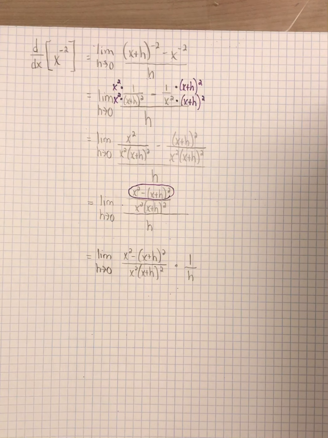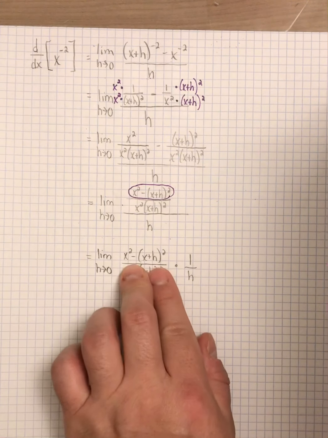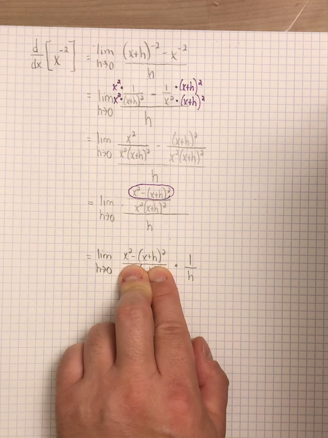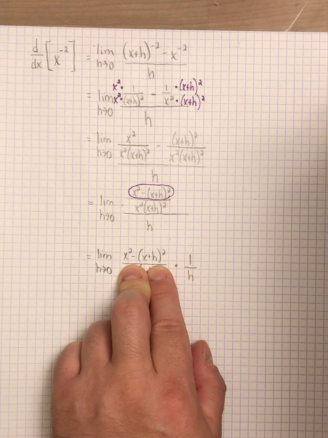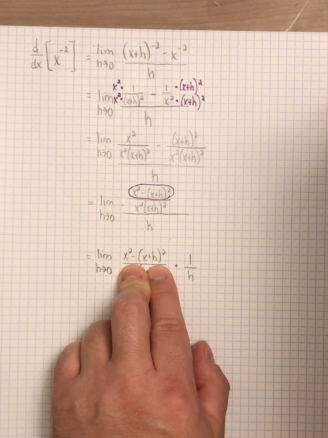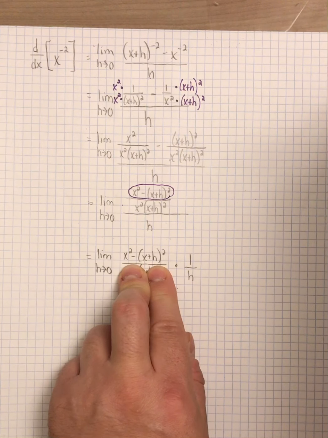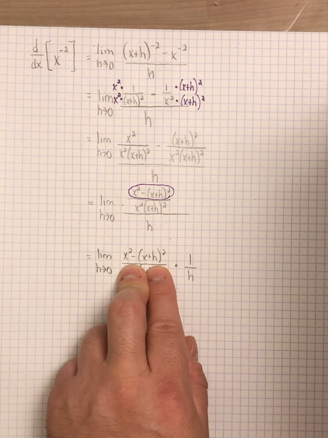So we're going to see, really, these parts of it right here, the x squared minus x plus h squared, is the reverse of the subtraction that we saw for the derivative of x to the positive 2. And the h in the denominator off to the side over here. So the only differences are, again, the reversal of the subtraction in the numerator will cause the remaining terms to come out to be negative, to have the opposite signs.